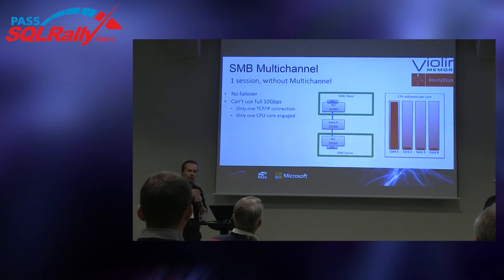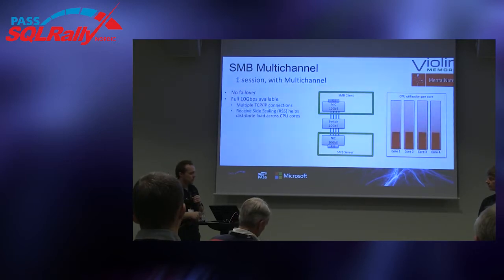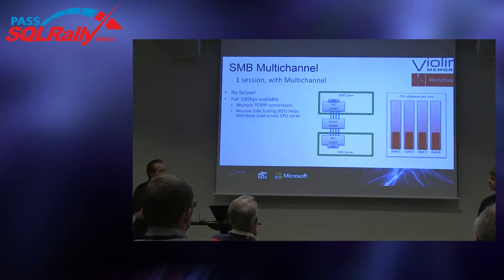So clock frequency is half what it used to be. But since they couldn't load balance one TCP stream, we could, with a 10 gigabit link, fully saturate one processor core. So that core would be our limiting factor and not our switch infrastructure. So what they did in the Win8 kernel was that we could open multiple lanes, and all the lanes could be round robined across all our CPUs, so we'd no longer be bottlenecked on one CPU core.